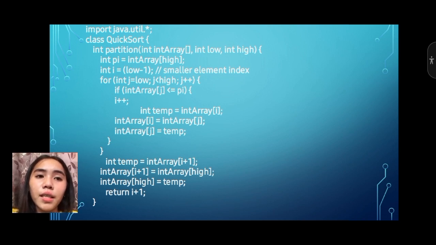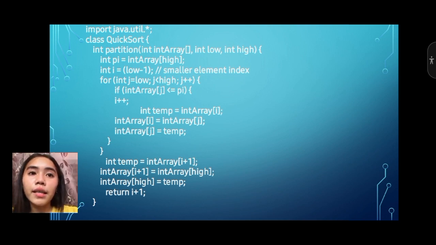Here at the if statement, we are checking if the current element is less than or equal to p. Inside our if statement, we have the swap of int array i and int array j.